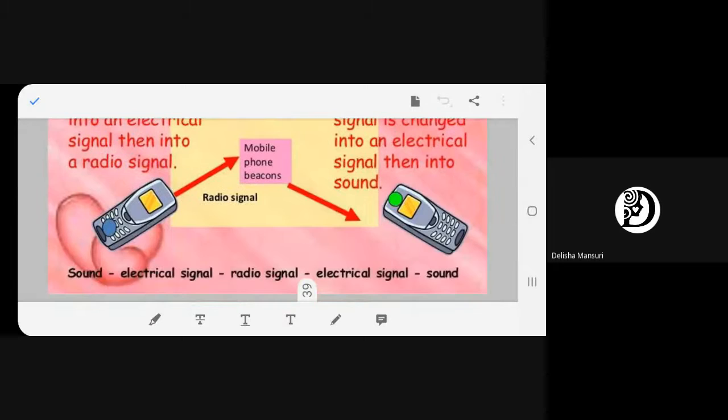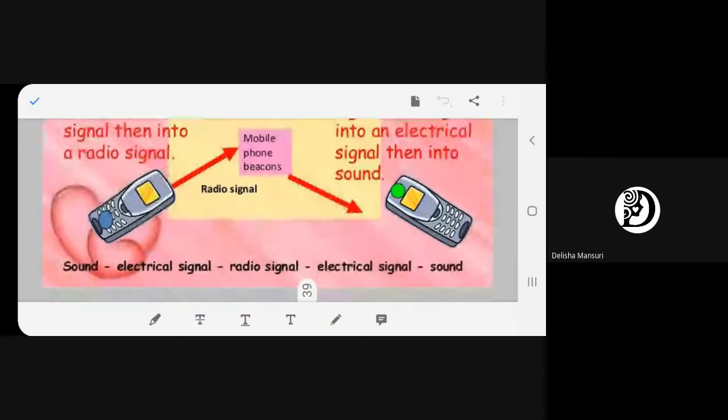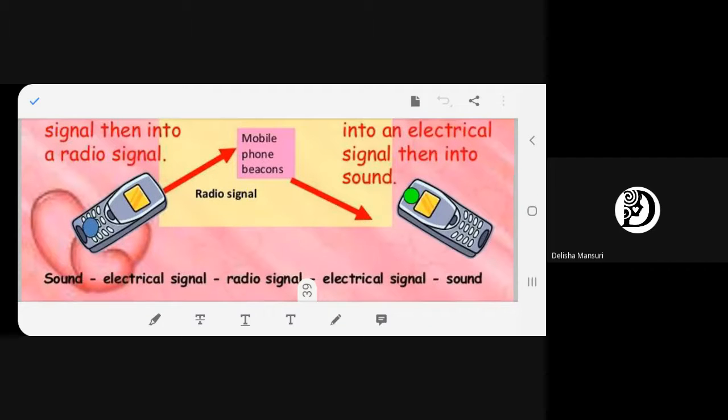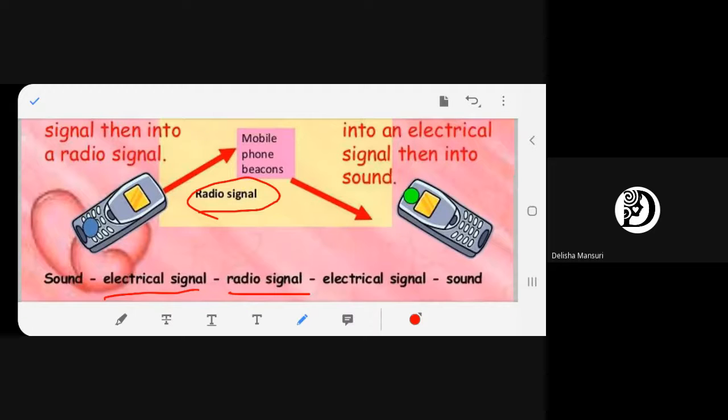So what are the changes that you can find? Sound to electric signal to radio signal. The radio signal is changed to an electrical signal and then it changes to sound. You understood? Got it?